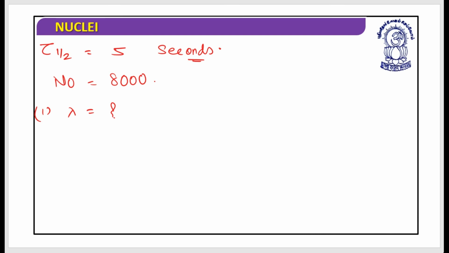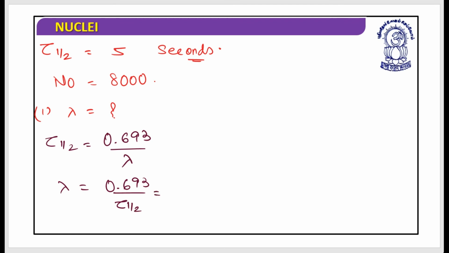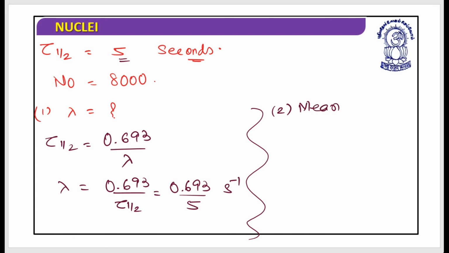As we understood, tau half is equal to 0.693 by lambda, and from this lambda is equal to 0.693 divided by tau half. So this is equal to 0.693 divided by 5 as it is given, in second inverse. So our first task has been done. Next, it's the mean life or average life.